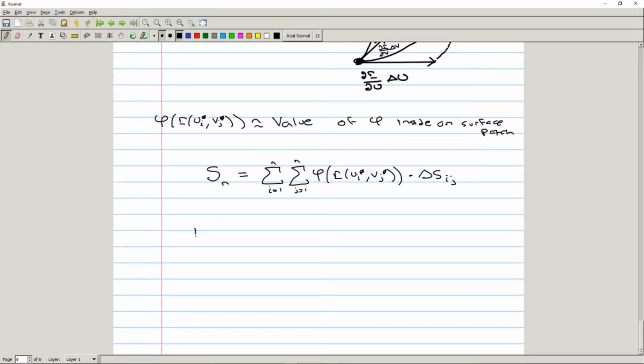And so the exact value is the limit as n goes to infinity of this approximate double sum, which is exactly the double integral over the region D of the scalar function phi of r of u, v. Remember, delta Sij is approximated by the magnitude of ru cross rv du dv.